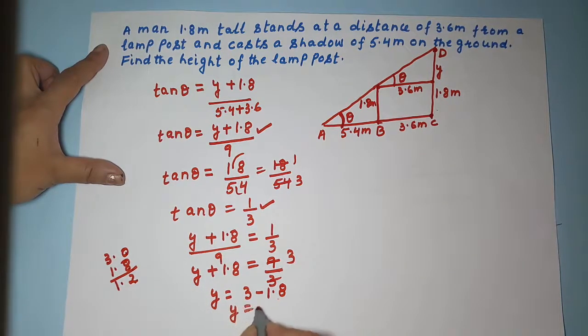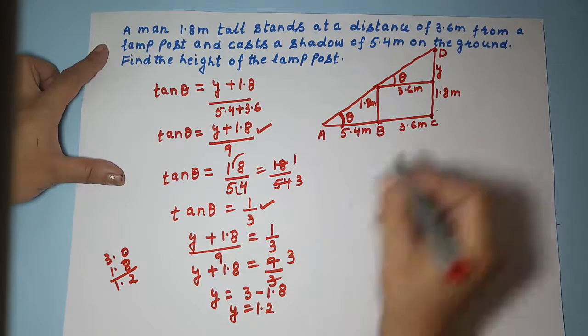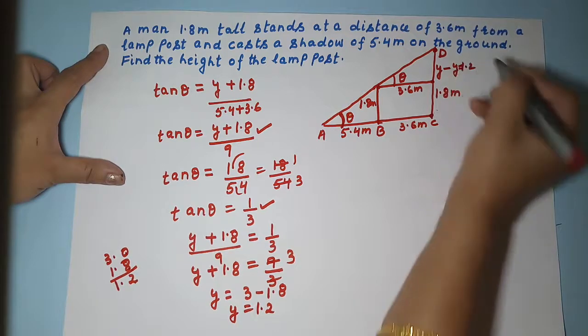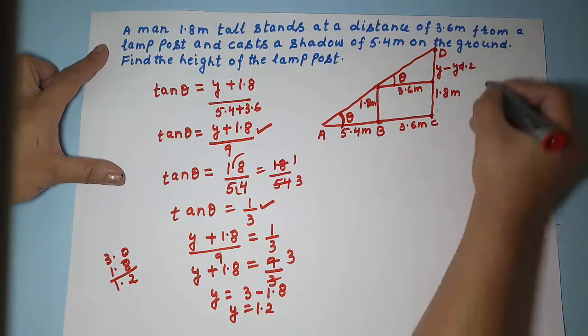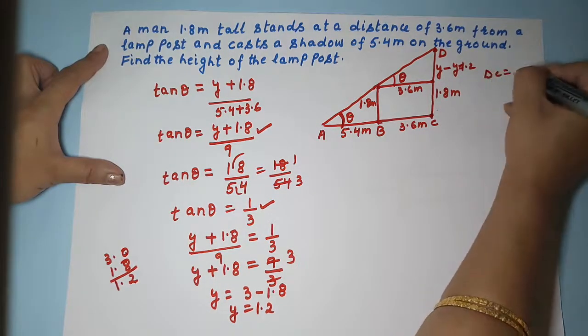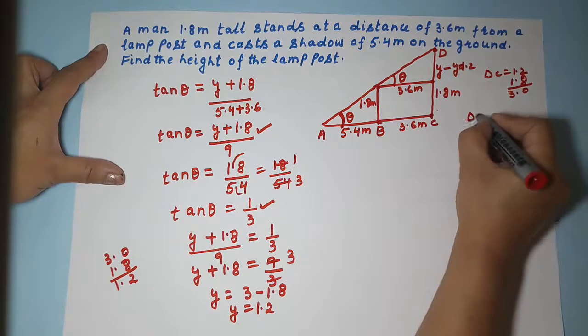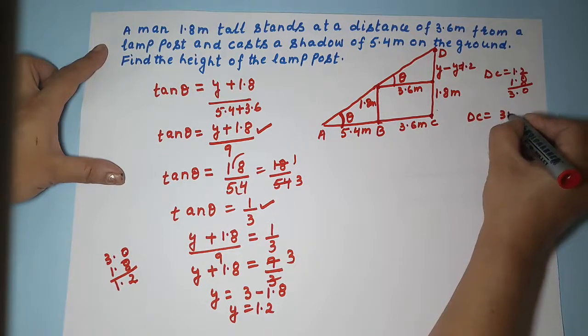So I got Y as 1.2. What will be my DC? My DC will be 1.2 plus 1.8, which is 3. So your DC will be 3 meters.